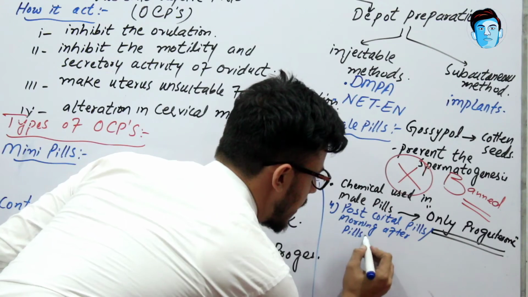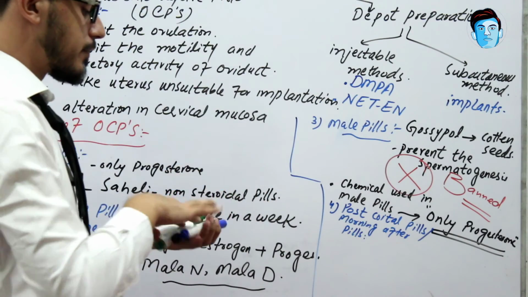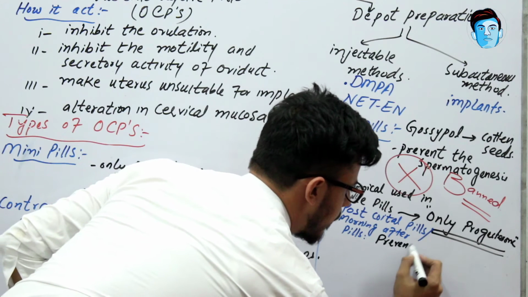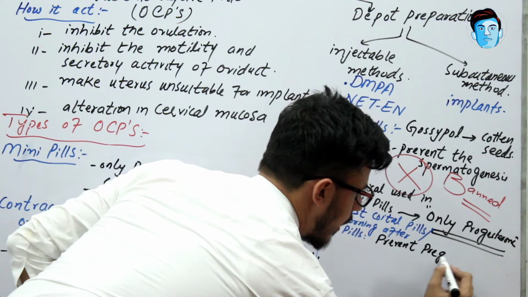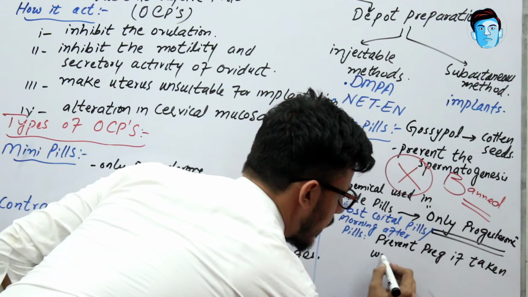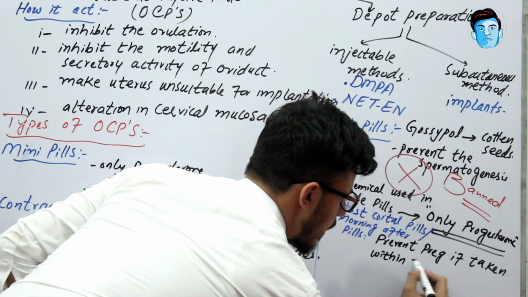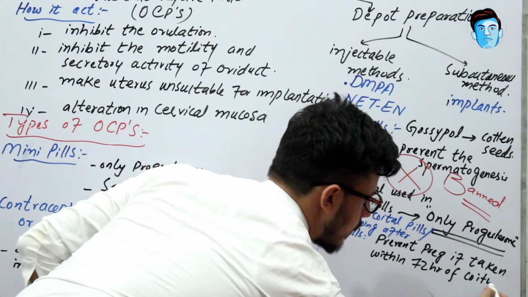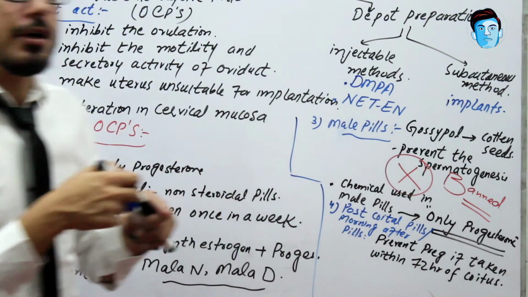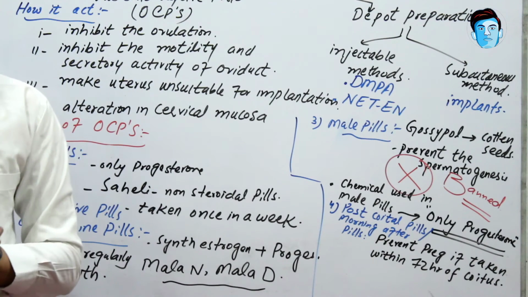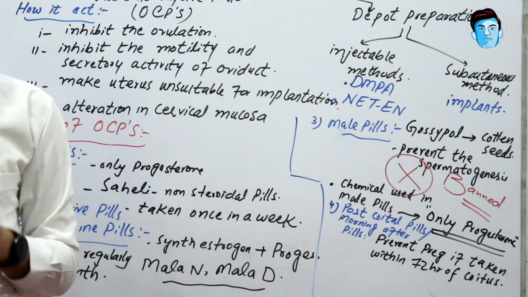They prevent pregnancy if taken within 72 hours of coitus. Now I repeat, what are the types of oral contraceptive pills? Mini pills, which are also called only progesterone pills.